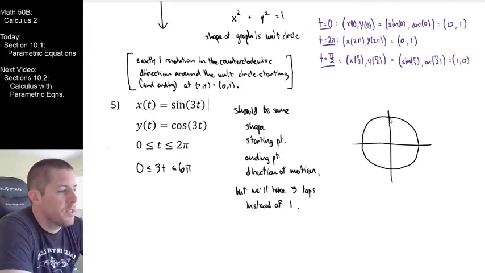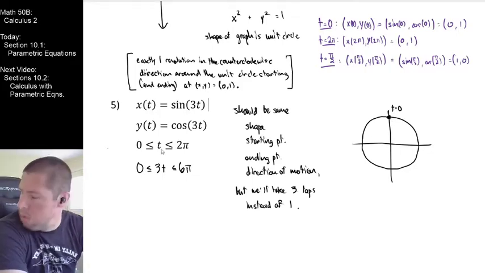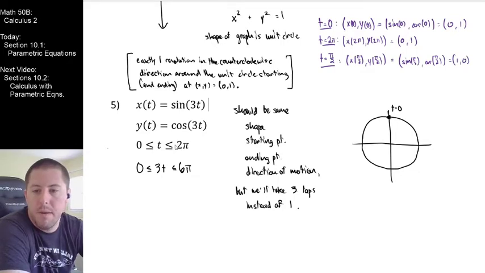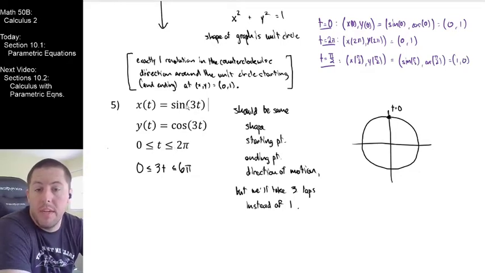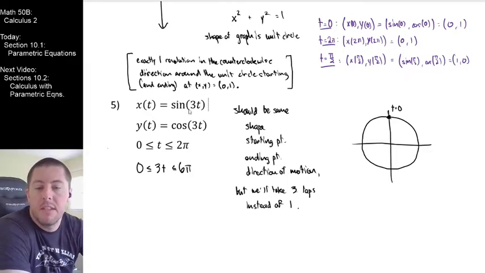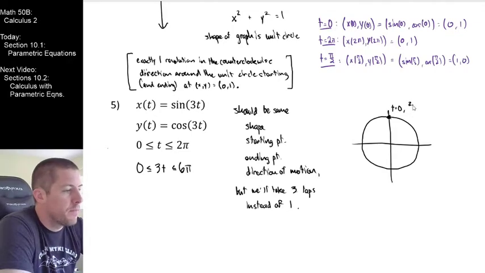So here's our unit circle, and I know that I'm starting here at time 0. But notice our total time is only going to 2 pi, right? But what I now know is that we only need to input a third as much to get to 1 full lap around. So 1/3 as much of 2 pi should be 2 pi thirds.